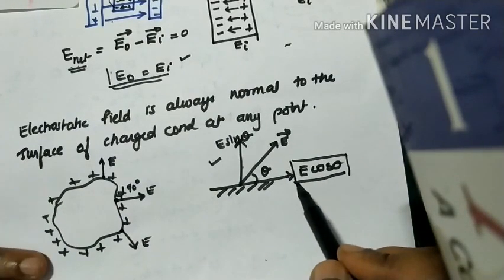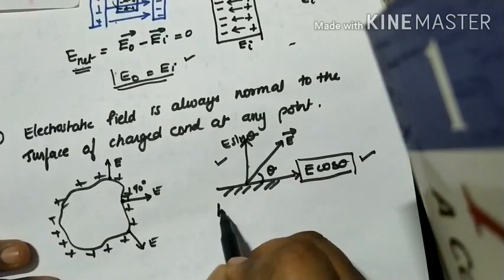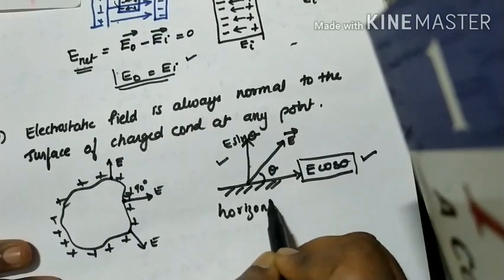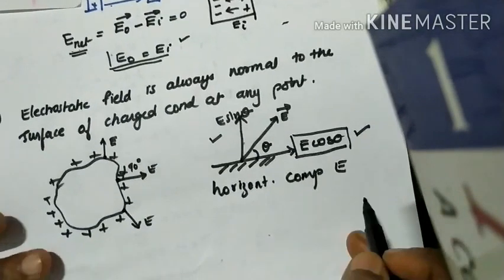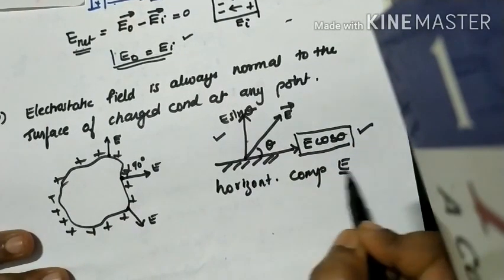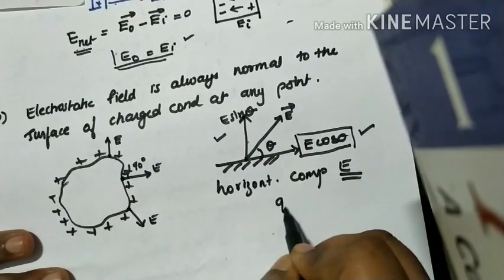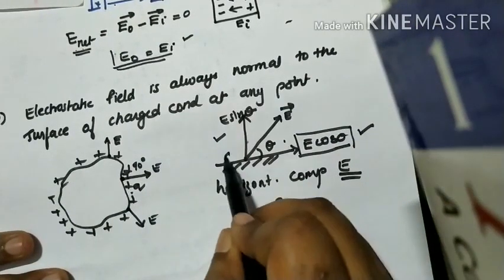Why should I say it is a problem? See, suppose E cos theta is there. That means there is a horizontal component of the electrostatic field. Suppose there is a charge Q here.